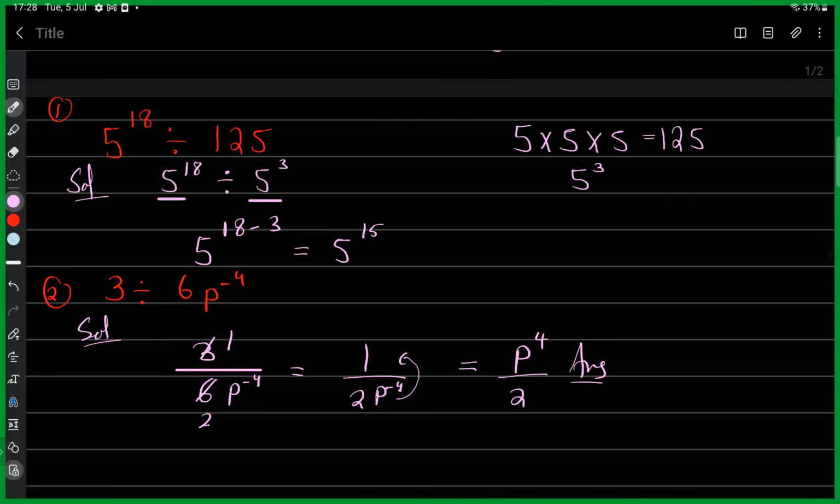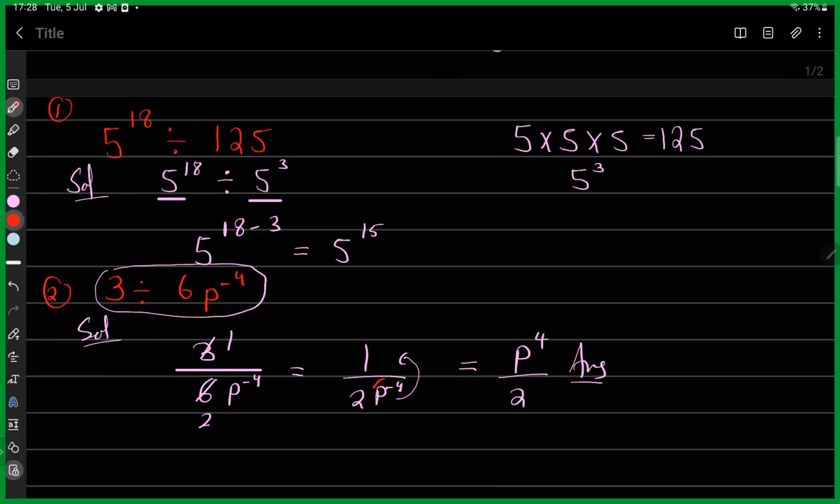Any confusions with this? No, ma'am. Can you repeat it one more time? Definitely. This was the question. So I wrote 3 divided by 6 multiplied by p power minus 4. 3 and 6 were cancelled. I was left with 1 by 2 into p power minus 4. The question was to simplify.